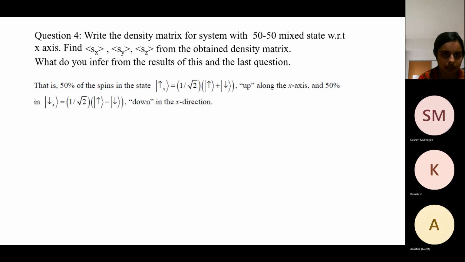It should be something like it has 50% of the spins in this state, 50% of the spins in this state. So how do you represent that?